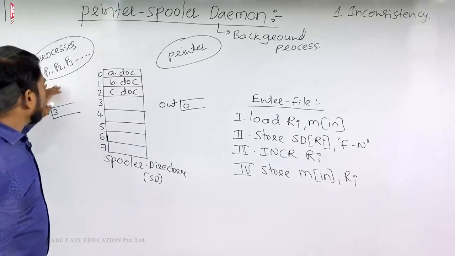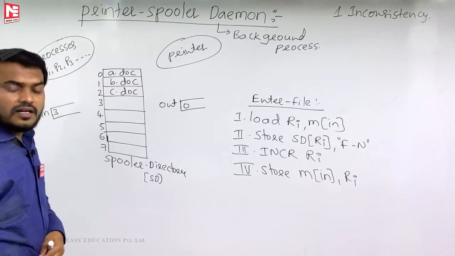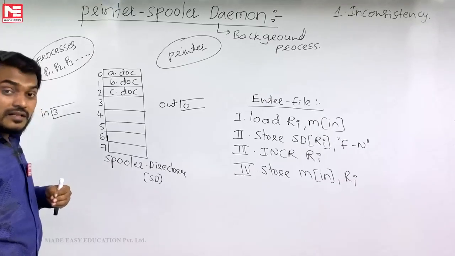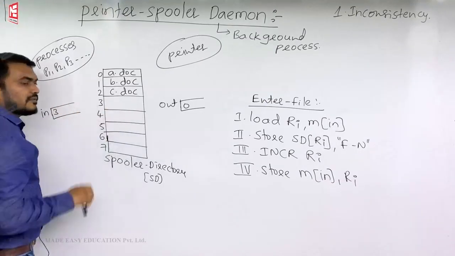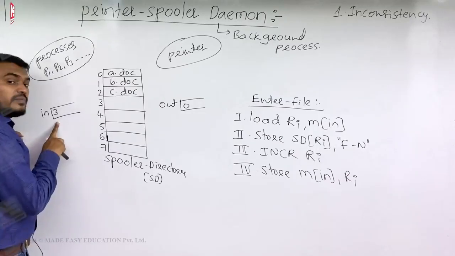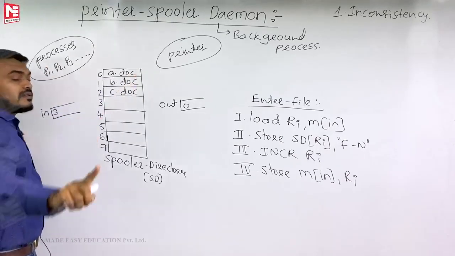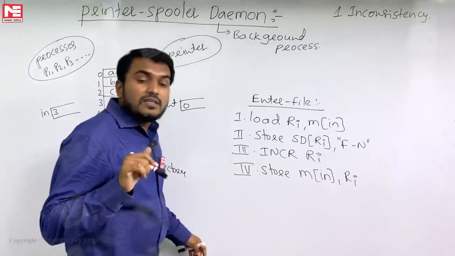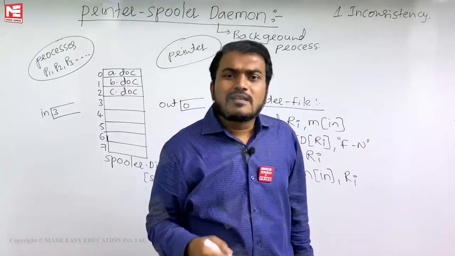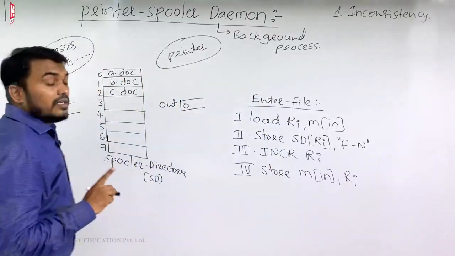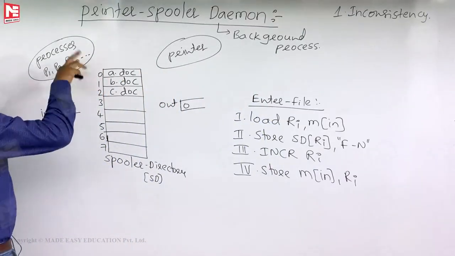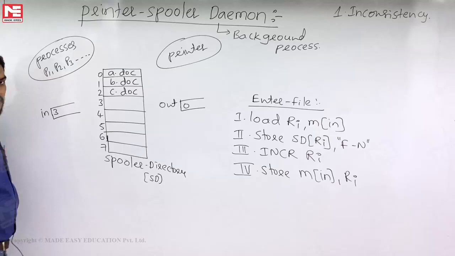What is the next empty slot here? 3. Remember, in is used by all the processes. That means in is a shared variable. So don't confuse that.